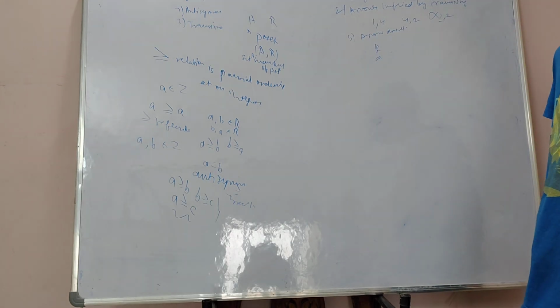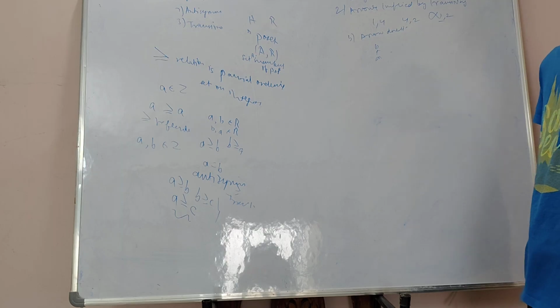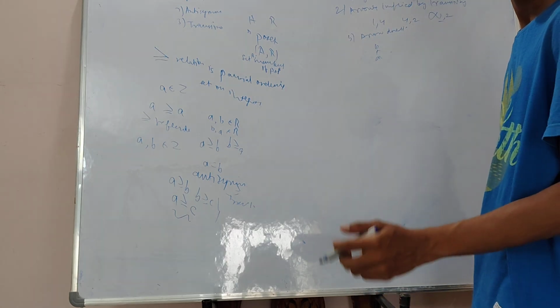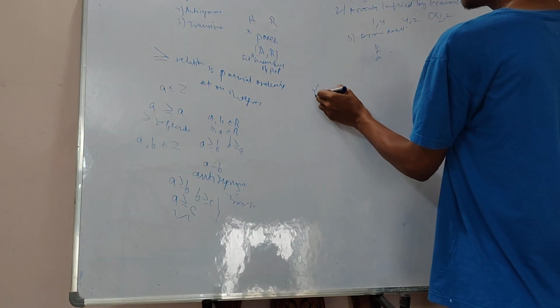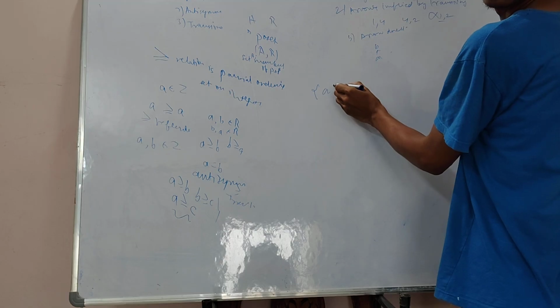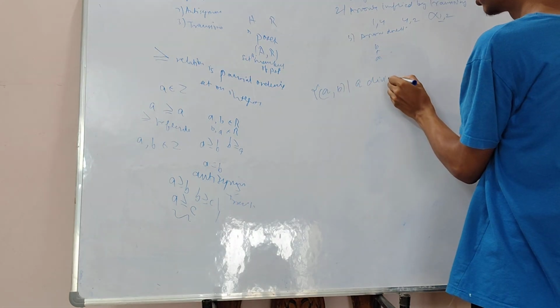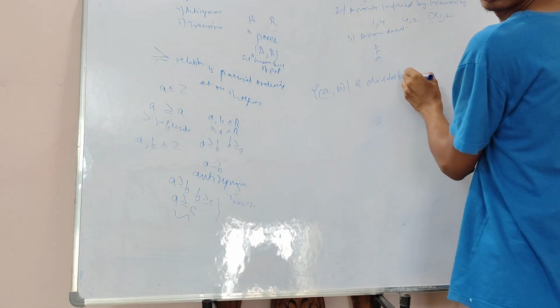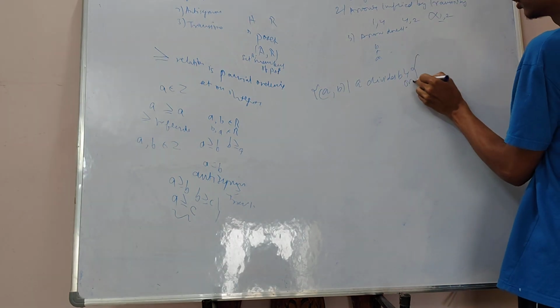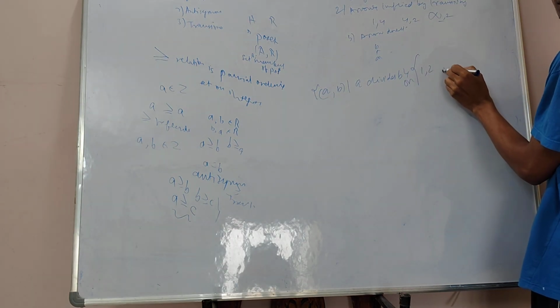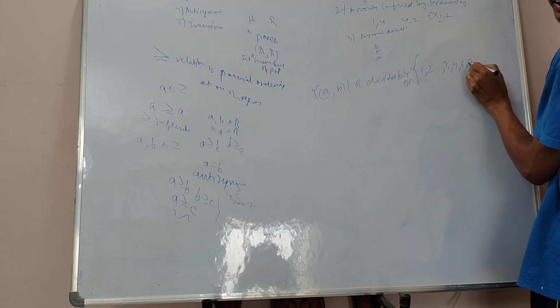Now suppose I have to make a Hasse diagram for (a, b) where a divides b, on the set 1, 2, 3, 4, 6, 8, 12.